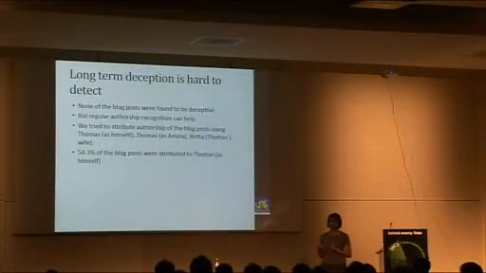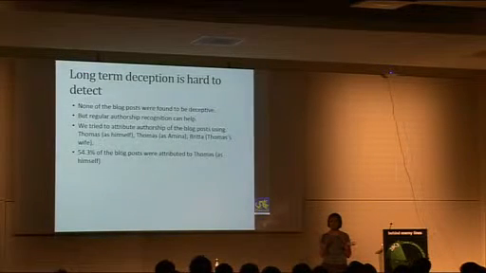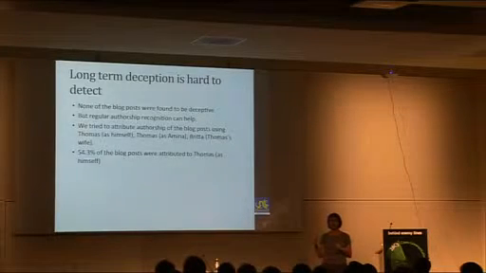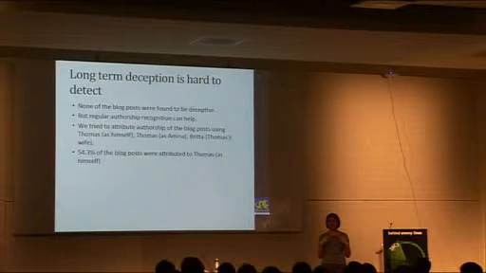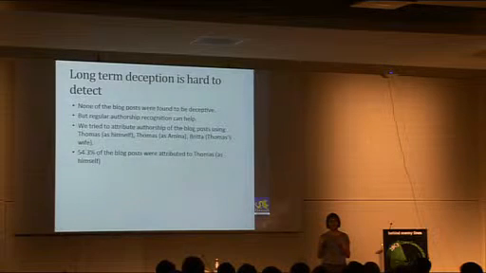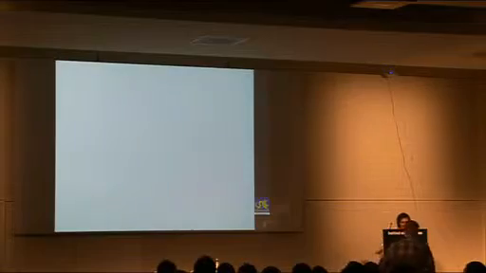And when we applied regular authorship recognition, we found that more than half of the blog posts were attributed to Thomas. So this is one example of why we need a tool like Anonymouth, so that you can change your writing style more easily and be consistent with it. Thank you.